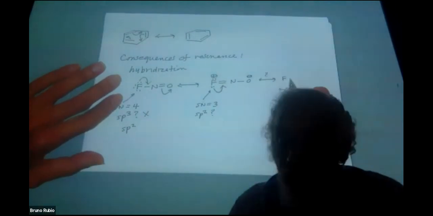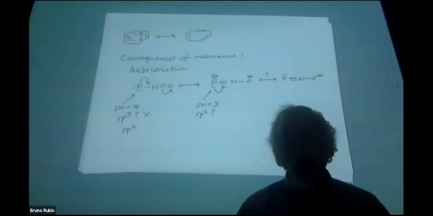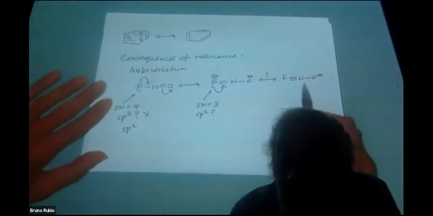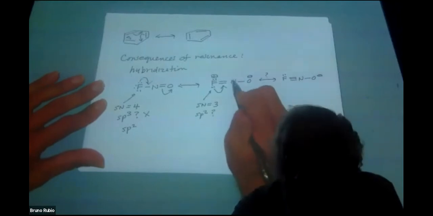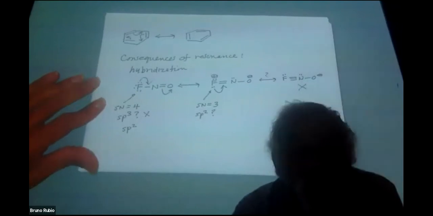Can I do this? Oh, absolutely not, because I've broken a couple of rules of resonance, right? This nitrogen atom now has an unshared pair of electrons on it, and the octet has been exceeded. That's no good.